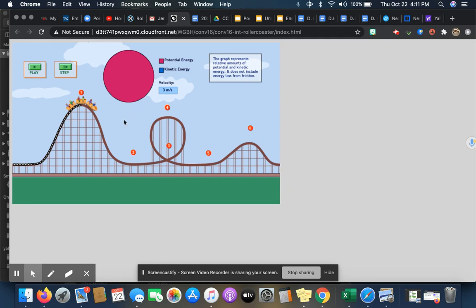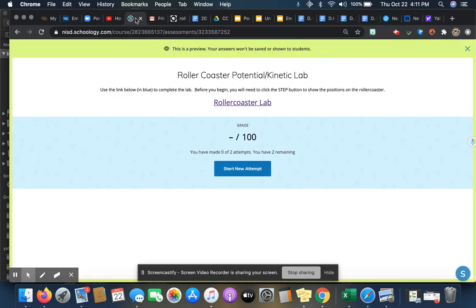If I start from the beginning, this is 0, and I'm going up, up, up, you saw my pie chart increase. It became more and more pink, so it was increasing in potential energy until it hits this point. Okay, I'm going to come back over here and show you how this works.